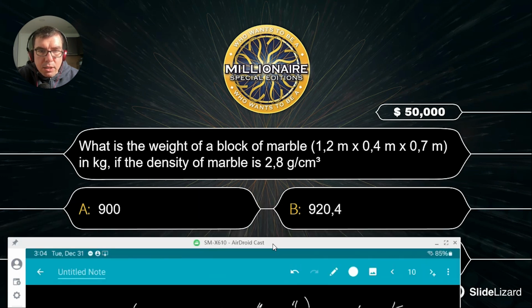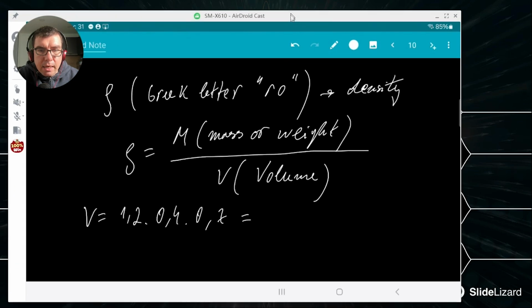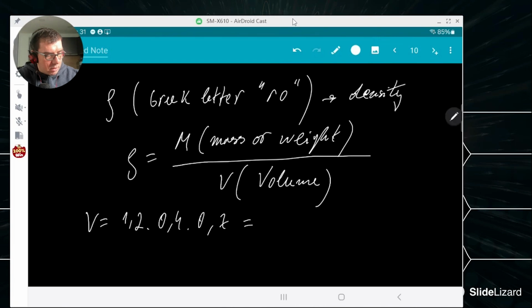So let's just convert this into cubic centimeters. This is in cubic meters. In order to convert it into cubic centimeters, what do we do? From meter to centimeter we multiply by 100, because 1 meter has 100 centimeters.